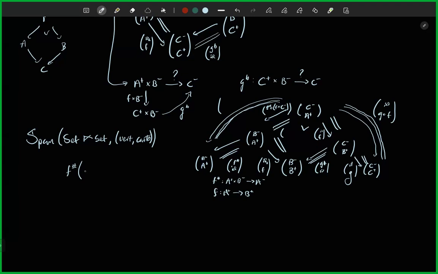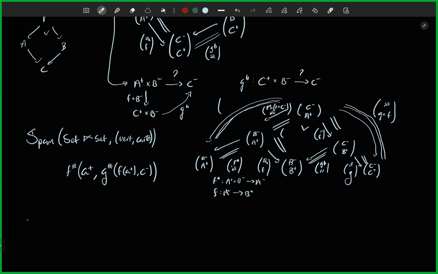F sharp here will take in the bottom one of the first component, which here is the identity on A plus. So it just takes in an A plus. And then it's the other thing here, which is G sharp after F times the C minus. So it's G sharp after F of A plus, C minus. And what do you know? That was our weird formulation from before about lenses.